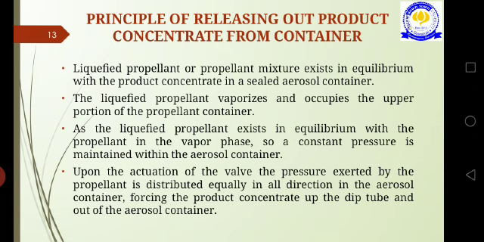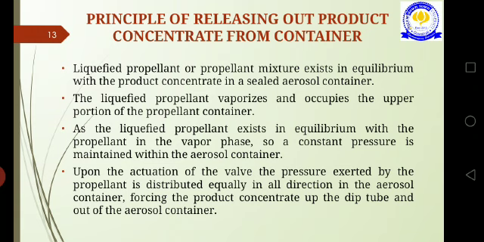As you know, vapor is lighter than liquid, so it occupies the upper portion of the container. And once the actuator is pressed, high pressure vapor will force the liquid to go down and move through the pipe placed in the bottom part and come out through the dip tube. This is the overall scenario.